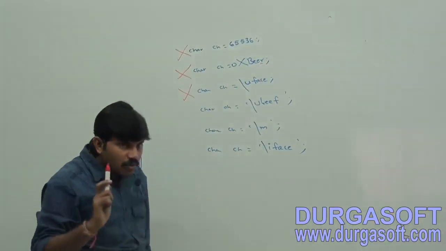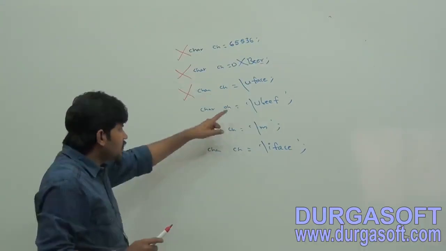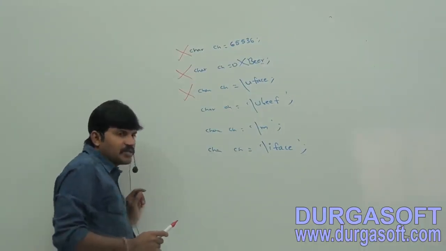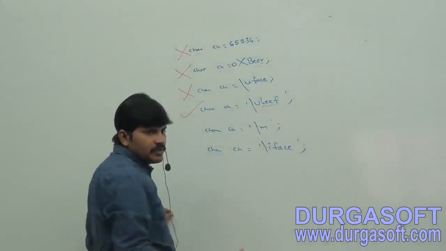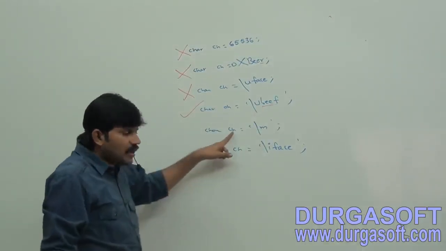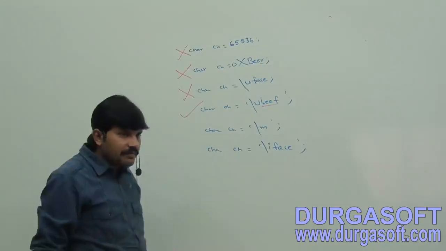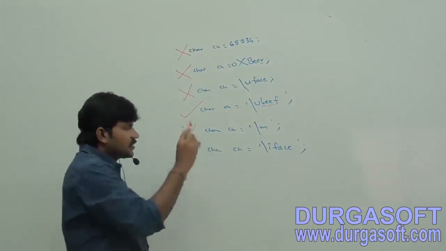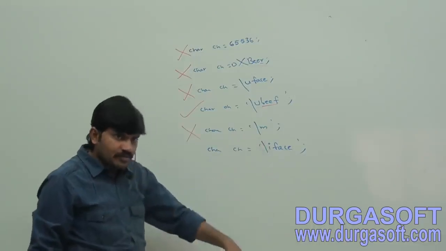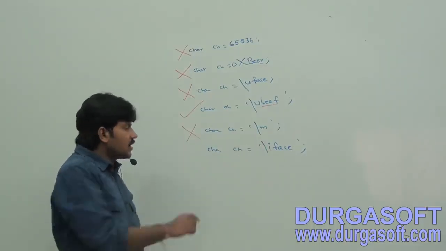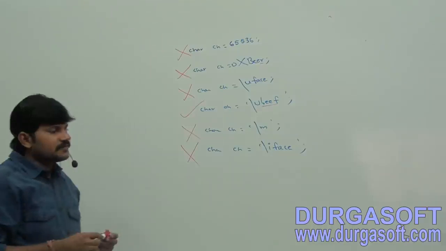Have you observed? Single quotes must be there. Next one, char ch = single quote backslash u beef, valid. What is the problem? Char ch = backslash m, invalid, illegal escape character. Backslash u face valid, but backslash i face is invalid. Take this.